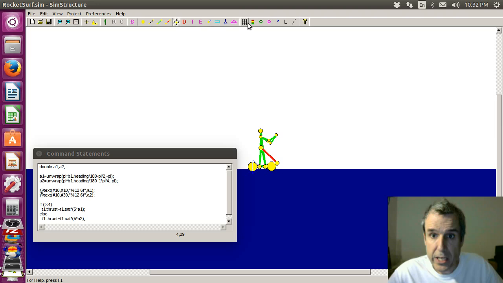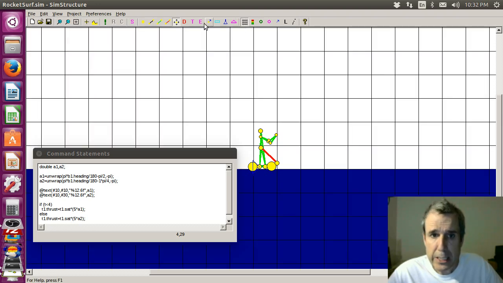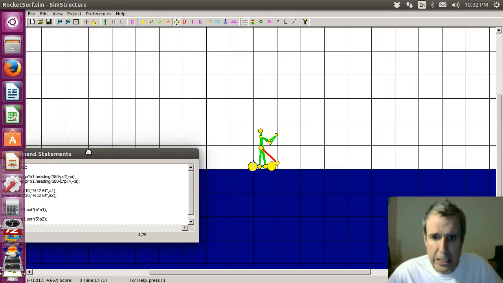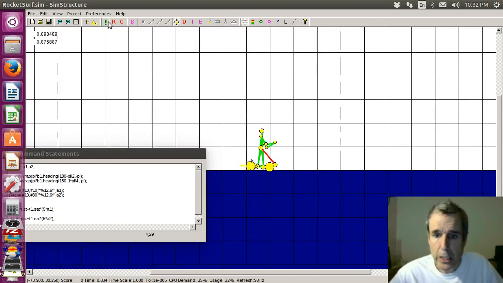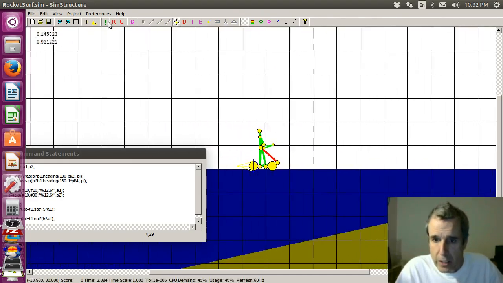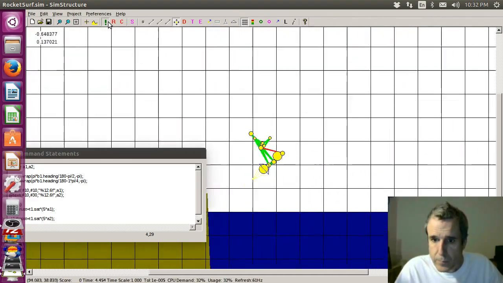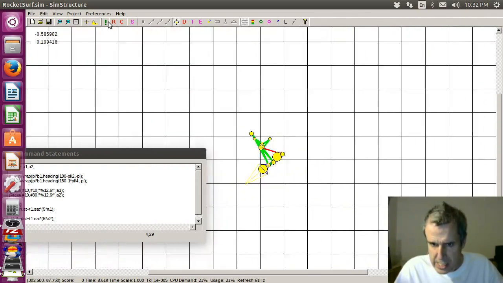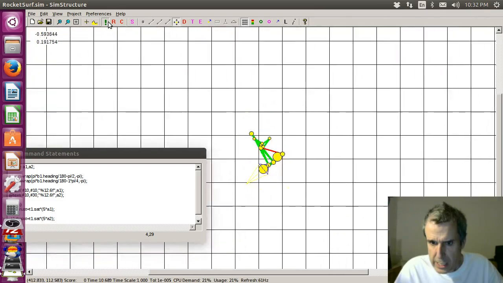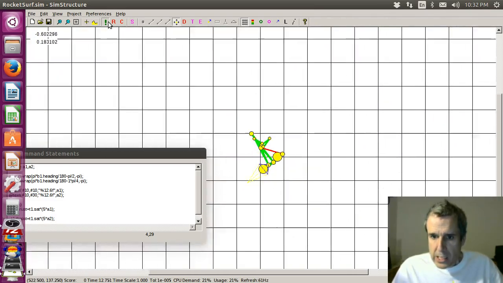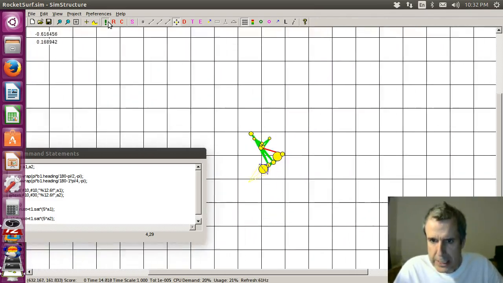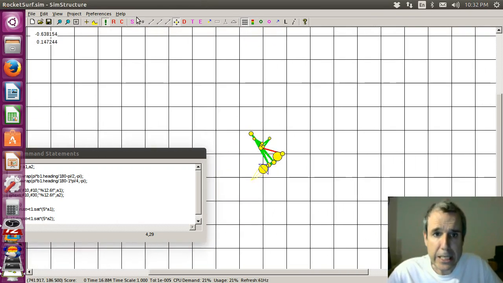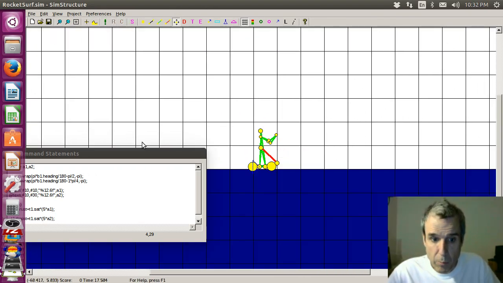Let's put a grid. Okay. So I made a hoverboard.